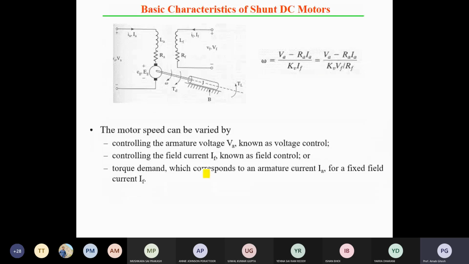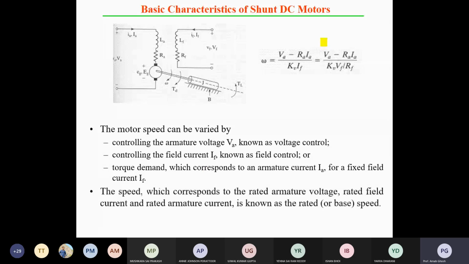Here you know the basic structure of the shunt motor. We are using the shunt motor, with the armature coil and armature coil resistance. Here you can see the motor load torque.